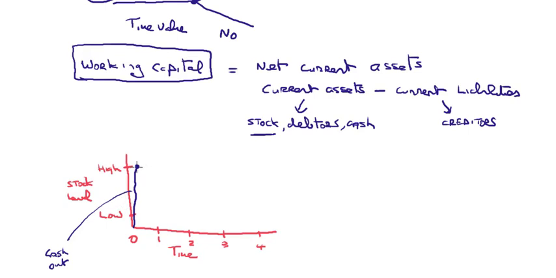And gradually, over the period of the project, we sell this stock, or we incorporate it into production, or whatever we do. When we sell it, that's cash in. Anytime we sell this is cash in. And this happens throughout the project.